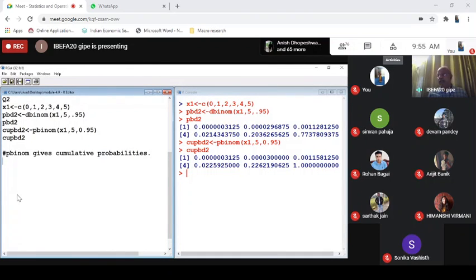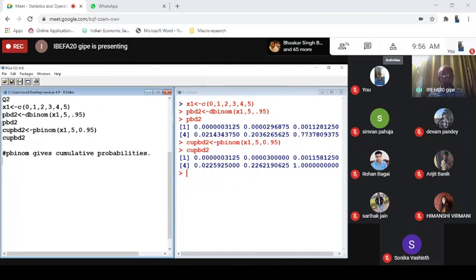Two functions you have learned in binomial. And here, in this question, we want exactly 3, exactly 4, and 3 or more.